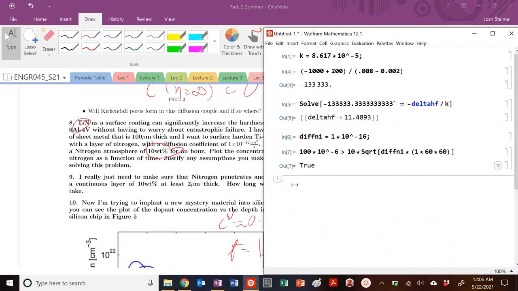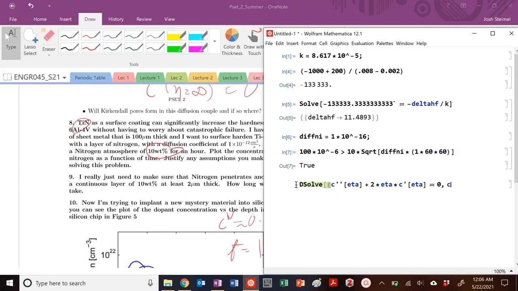So now I just need to solve my differential equation. I'm going to use DSolve with my differential equation: concentration double prime as a function of eta plus 2 times eta times concentration prime as a function of eta, set equal to 0.